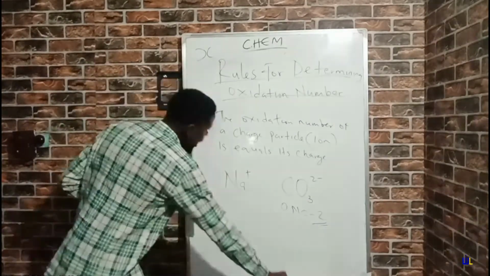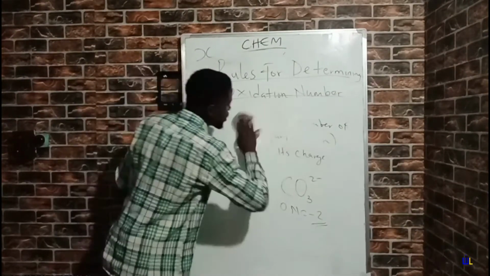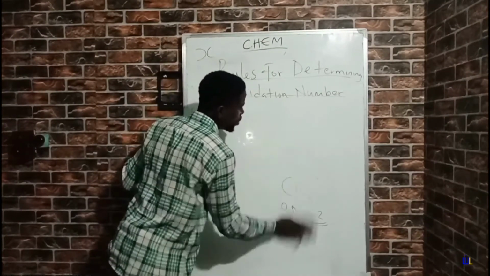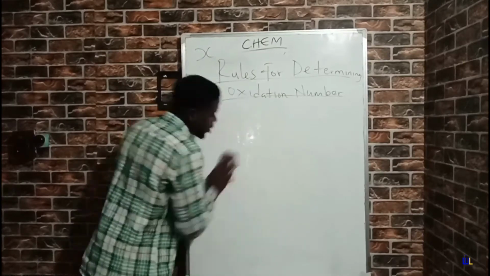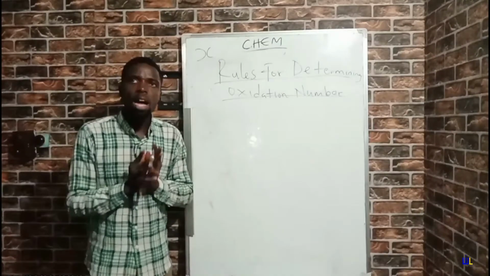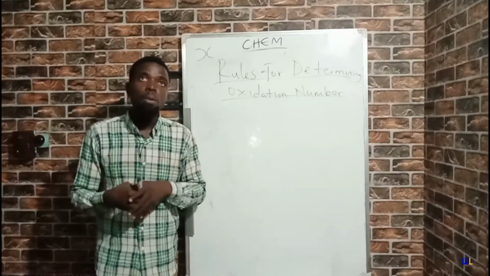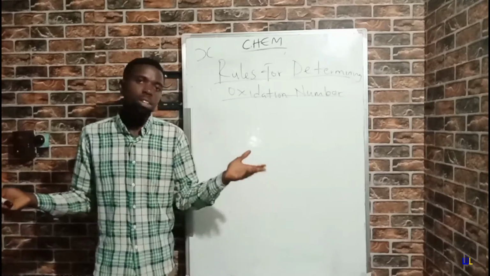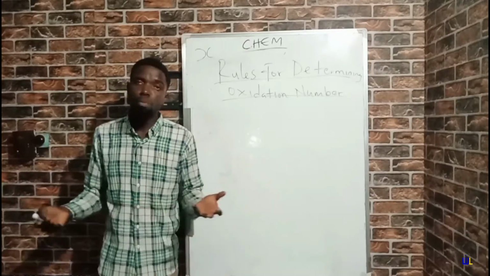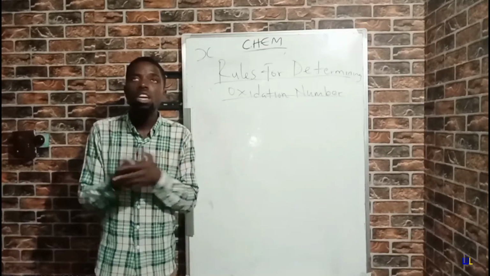Okay, so with that said, we'll go to the third rule. The third rule is also as easy as the first and the second. Now, the third rule has to do with a specific element, and that element is hydrogen. Whenever hydrogen is found in a compound, just have this in mind, that its oxidation number is always equal to +1.